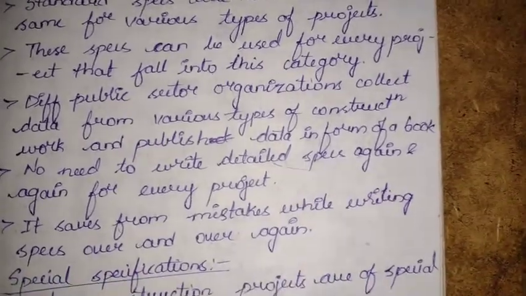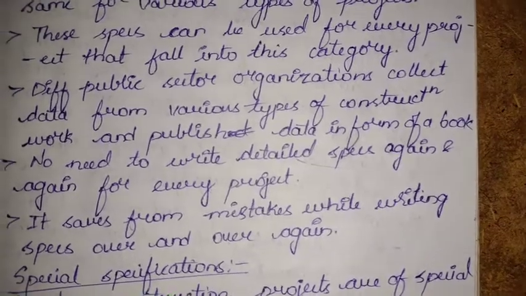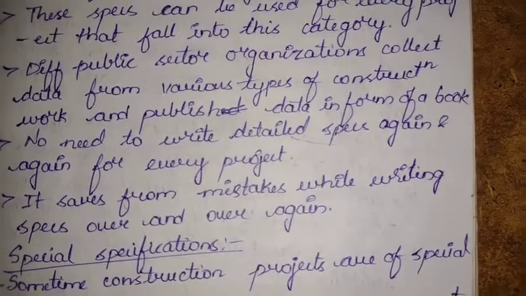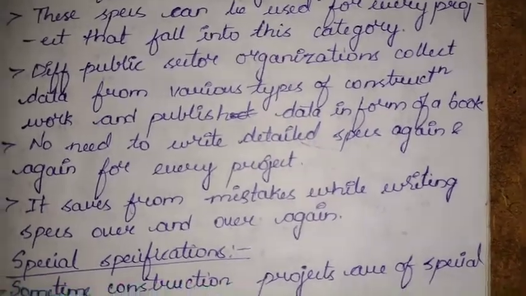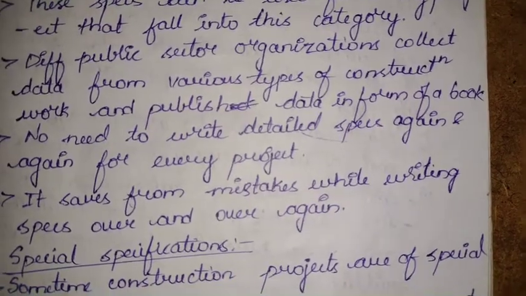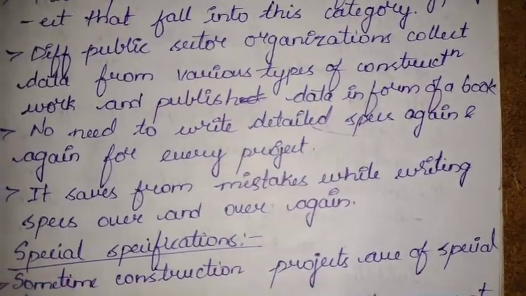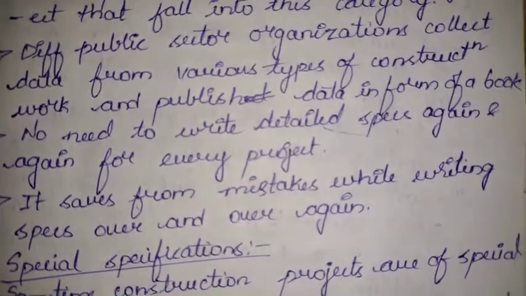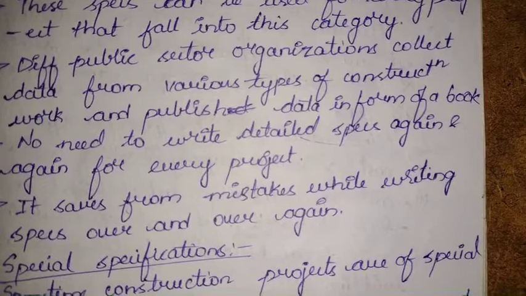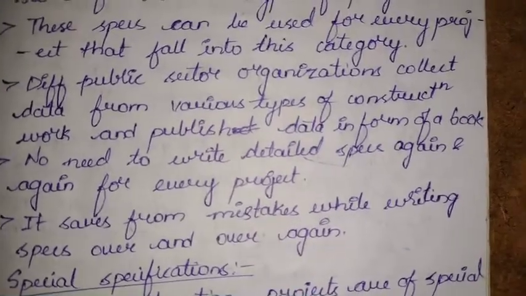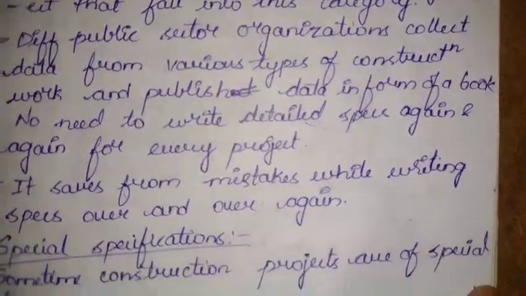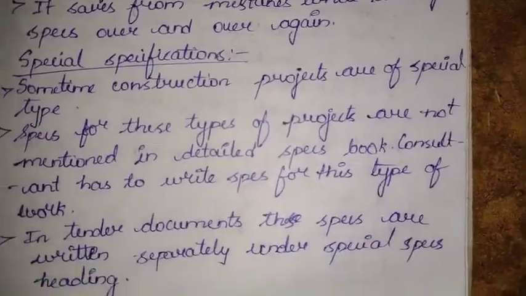The different public sector organizations collect the data, divide and categorize the structures, and give us the specifications accordingly. So we don't have to write the specifications again and again, which helps us avoid mistakes.